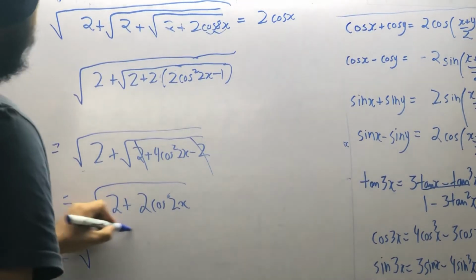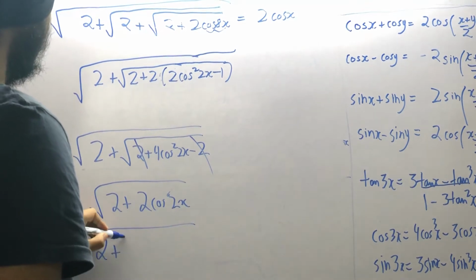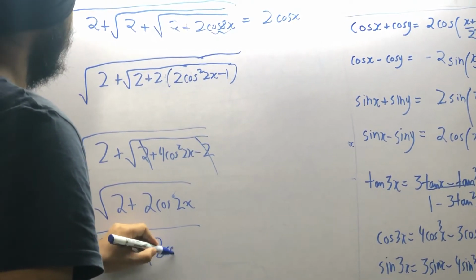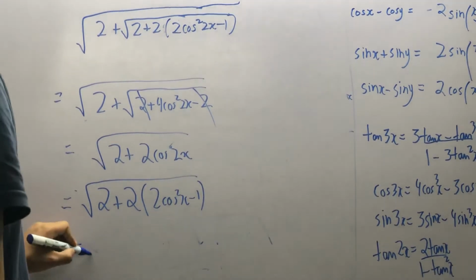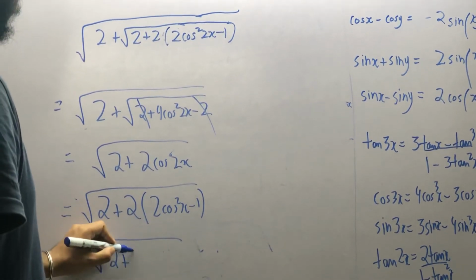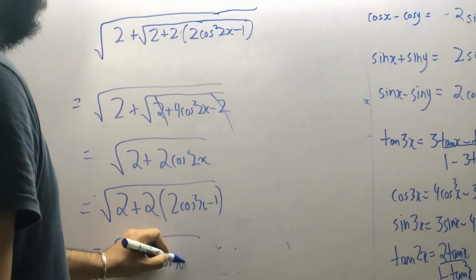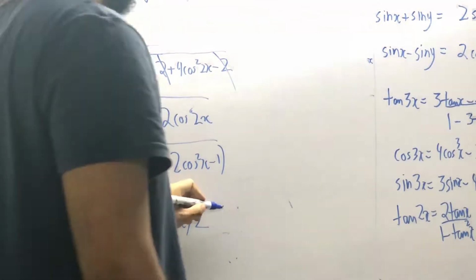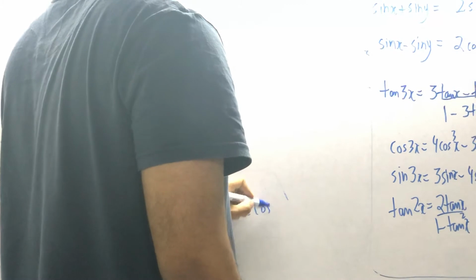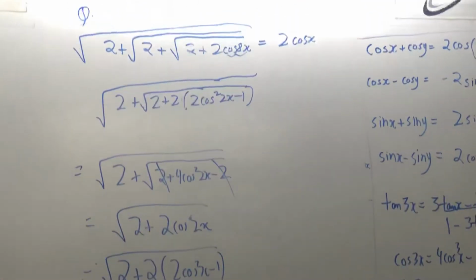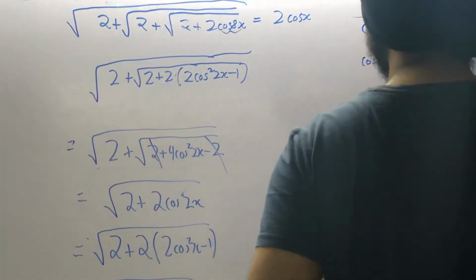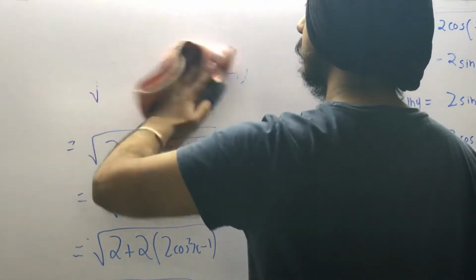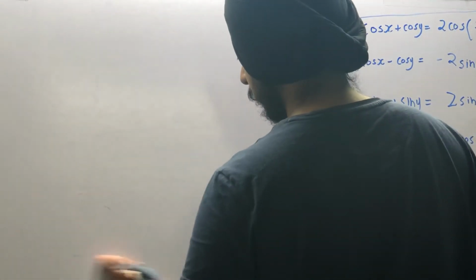Cos 2x is 2 cos square x minus 1. Again open the bracket. 2 cancels, and so LHS is equal to RHS, hence proved. Let's do the next question.